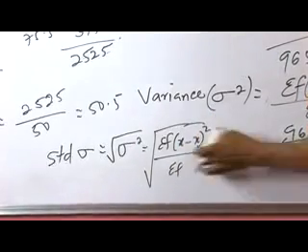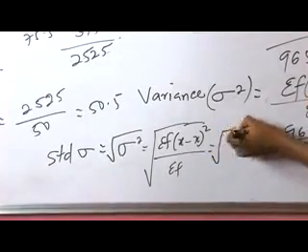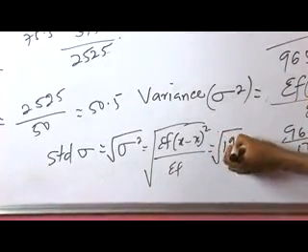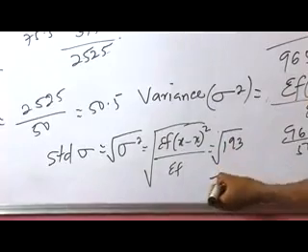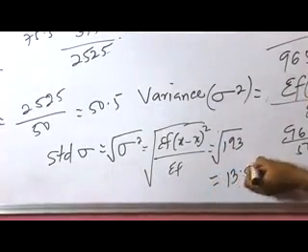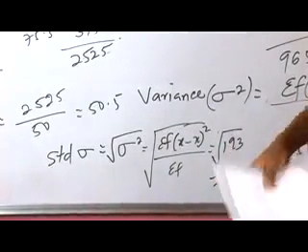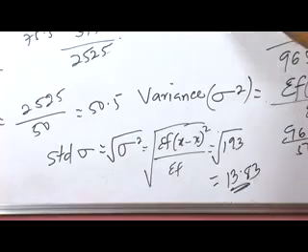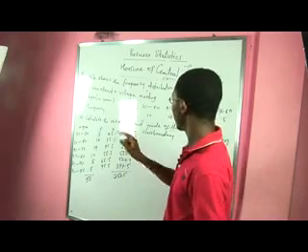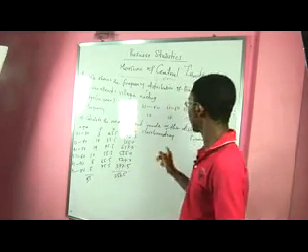This is the value we got here, because they are the same thing. Just for easy sake, we find the square root of this. So we are expected to get 13.83 as our standard deviation.